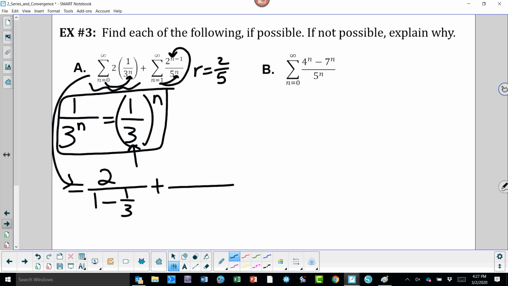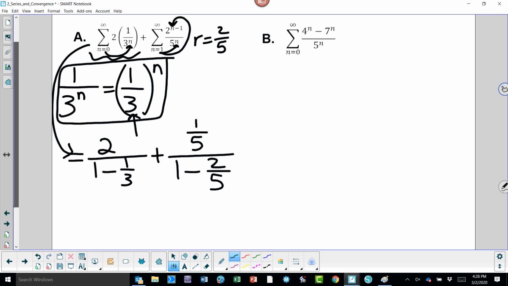That's the first term. So we have 2 to the 0, which is 1, over 5 to the first, so we have 1/5. So our very first term is 1/5, and then it's over 1 minus the ratio, which is 2/5. If you think of them that way, then you won't get confused if the exponents are one different or anything. The formula is always first term over 1 minus the ratio, okay?